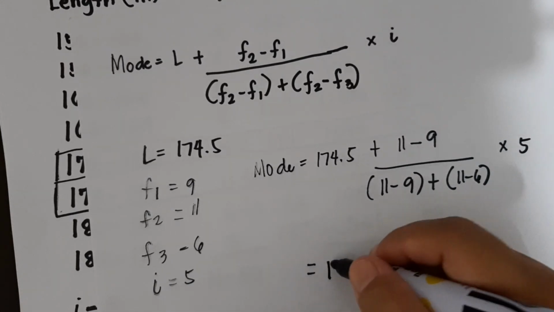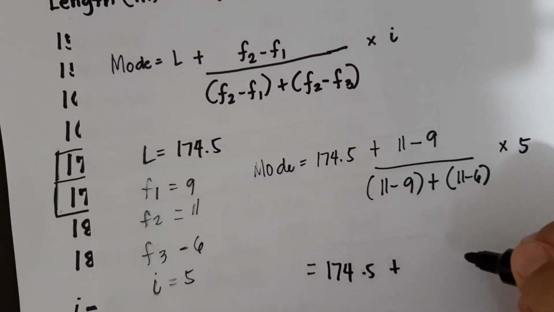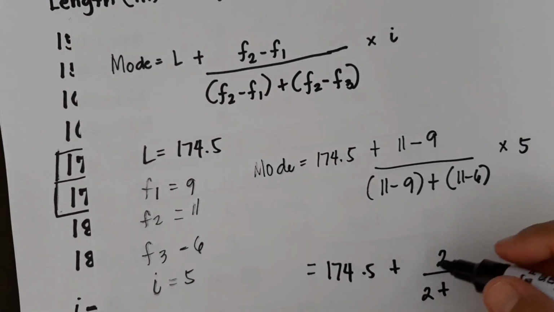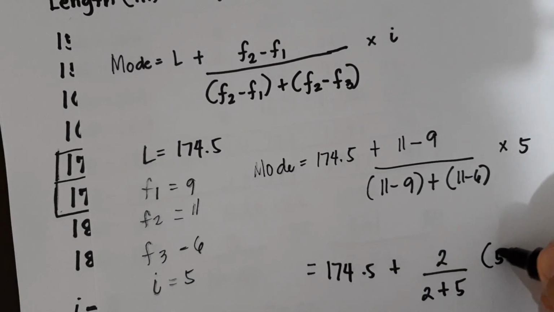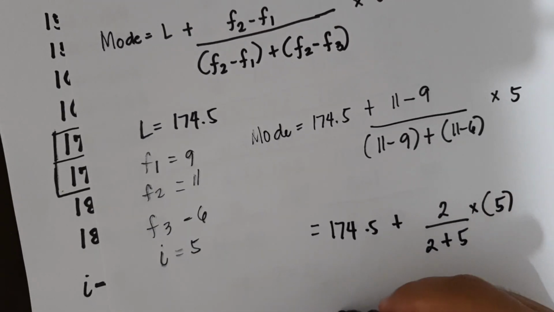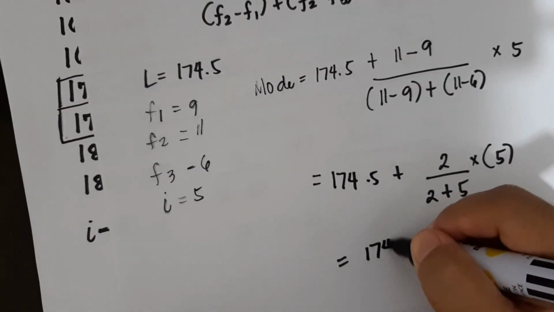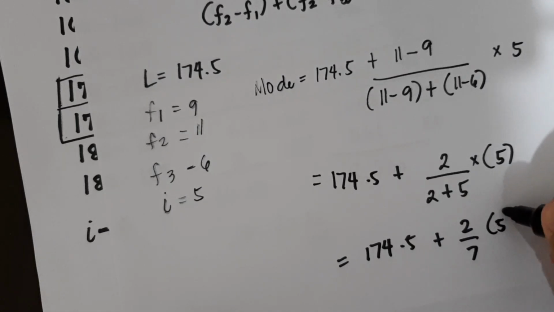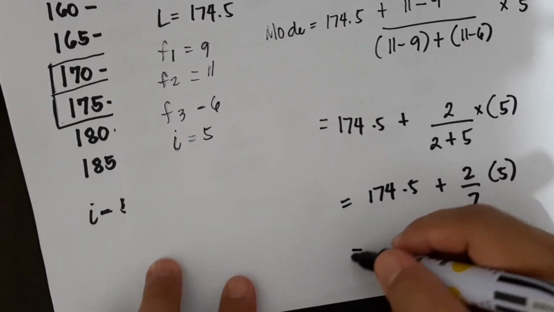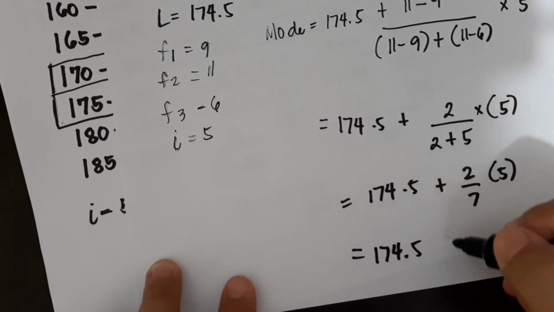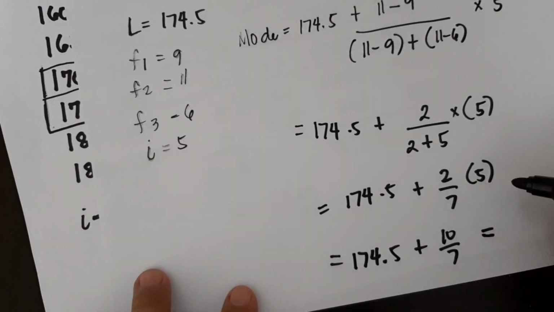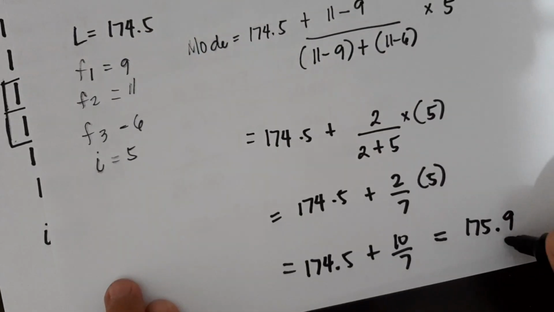Okay, so you have 174.5 plus 2 over 2 plus 5 times 5. Also, we have 174.5 plus 2 all over 7 times 5. So, we have 174.5 plus 10 over 7. So, that would be equal to 175.9. So, that would be your mode.